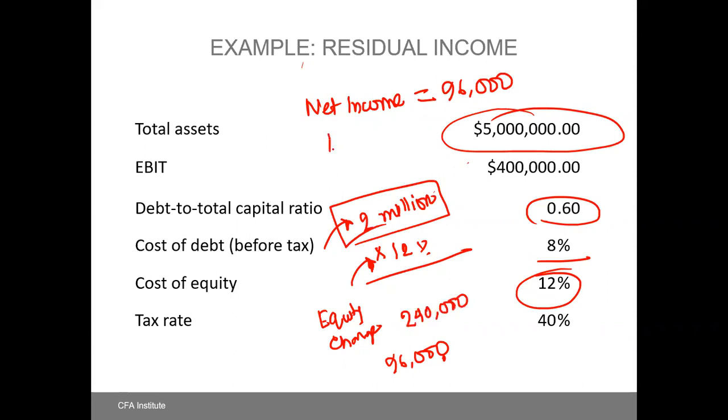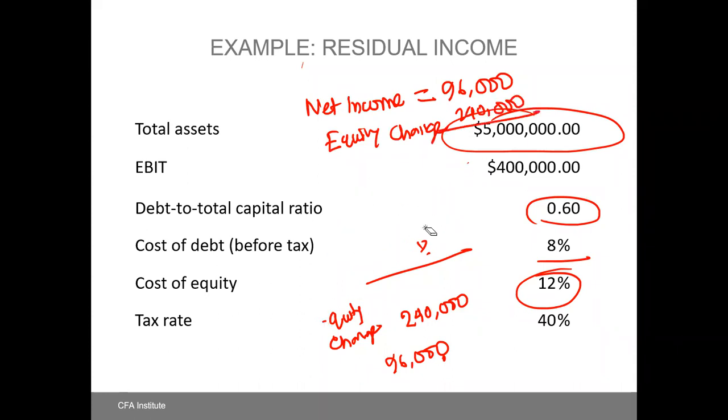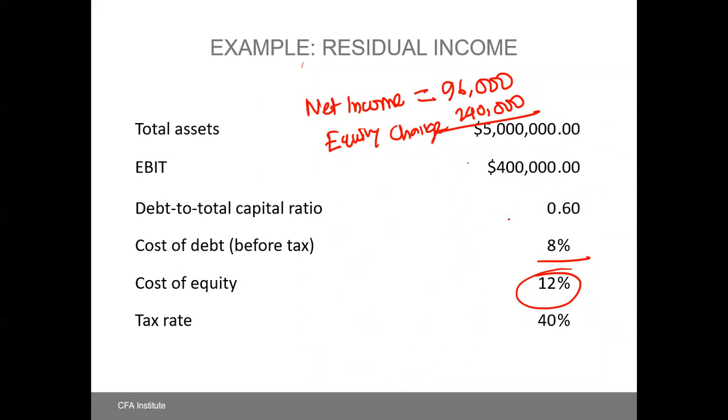Now, if we subtract the equity charge of 240,000 from the net income of 96,000, how much is remaining as residual income? Negative 144,000. So it is the residual income.